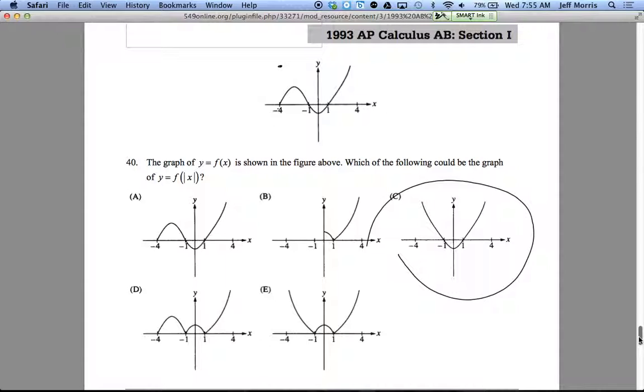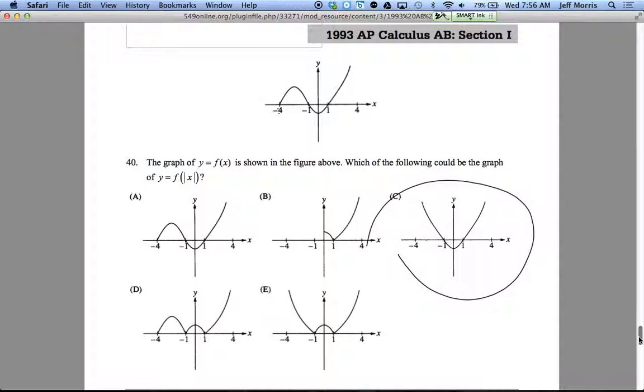If you take the absolute value of -1, you get 1. Everything on the left is going to mirror the right, because the absolute value of anything over here ends up the same as on the right.